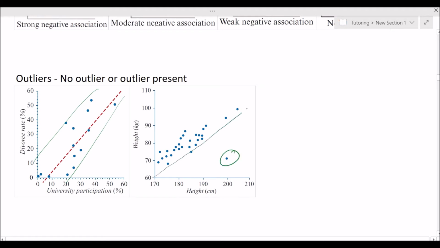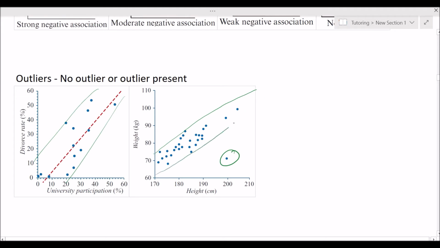Okay, so if I draw those you can see the straight line that's happening there. Any that are within those two lines are still forming part of the relationship. So sometimes people might think that this one's an outlier. It's just a high value, but it's not an outlier. It's not outside of the relationship that is forming here.